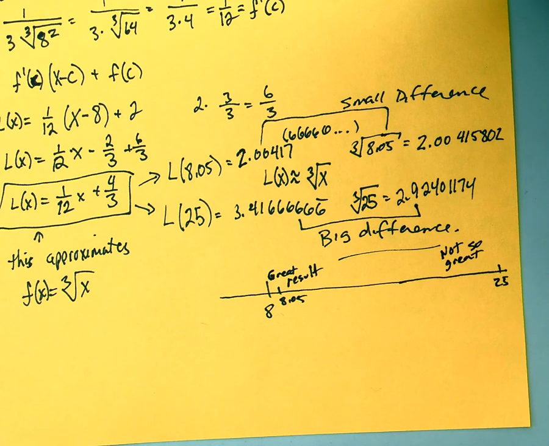Yeah, that comes down to it. 8.05 is a lot closer to 8 than 25 is. And as a matter of fact, the farther that you get away from the number that you're actually dealing with, the more error comes into play. Is there some error here?